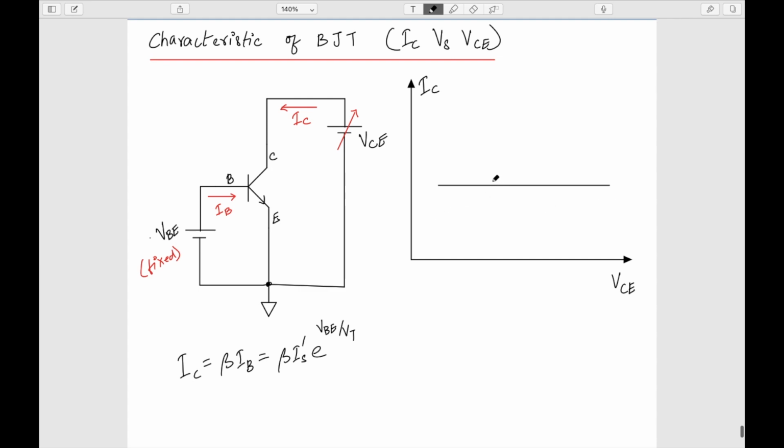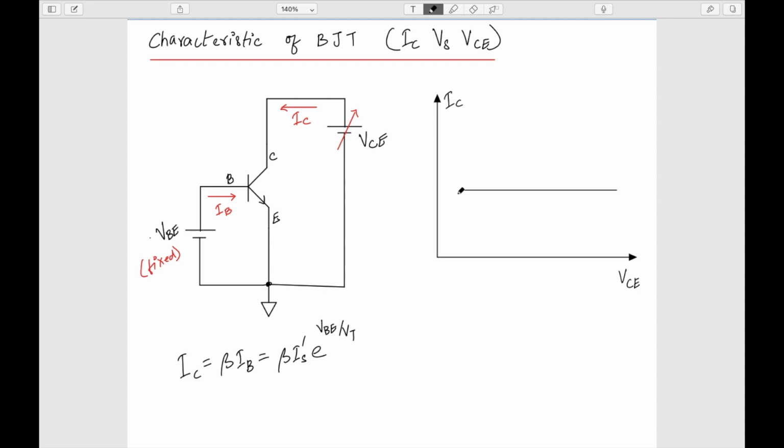So this is the variation of my IC with the VCE, for a particular value of VBE. Let us call it VBE1. This IC1 is beta times IB1.